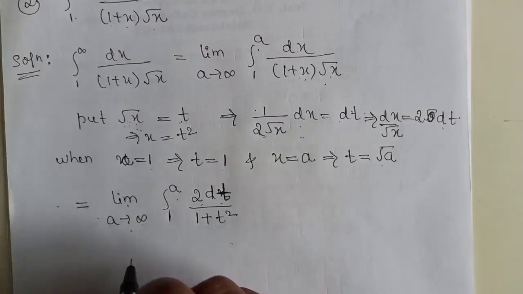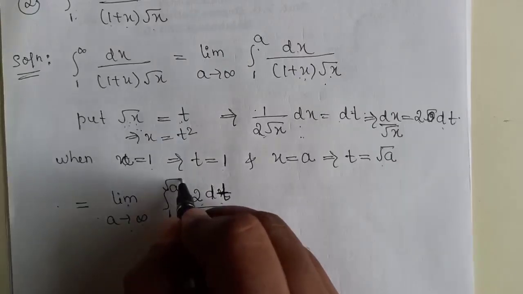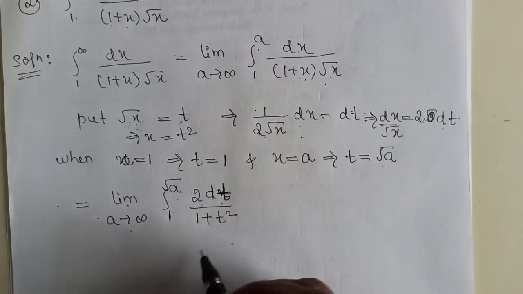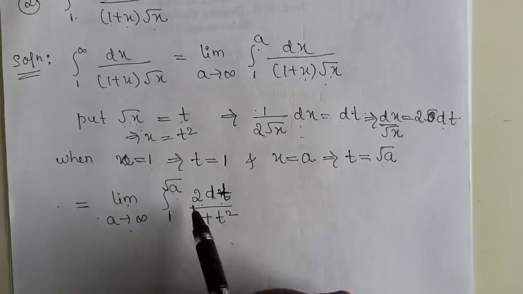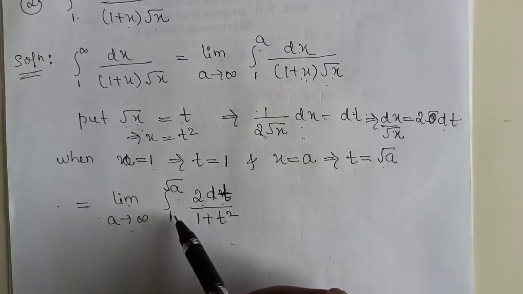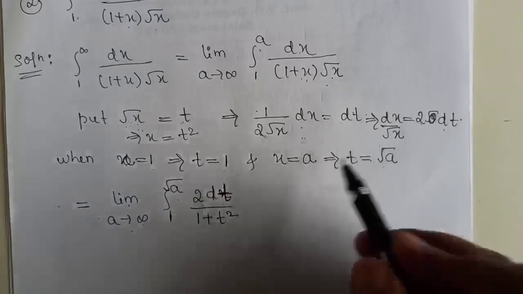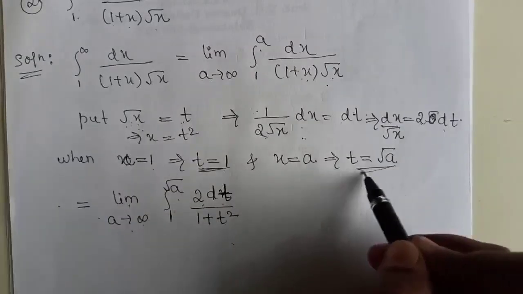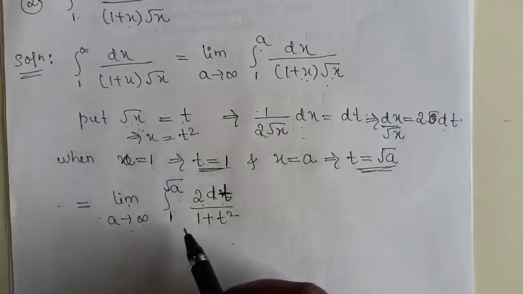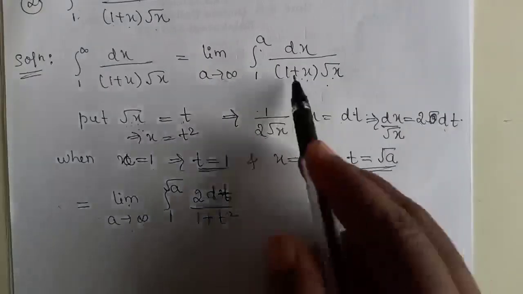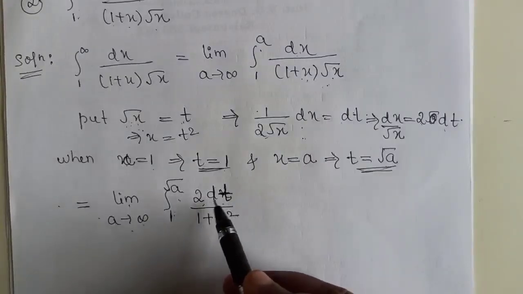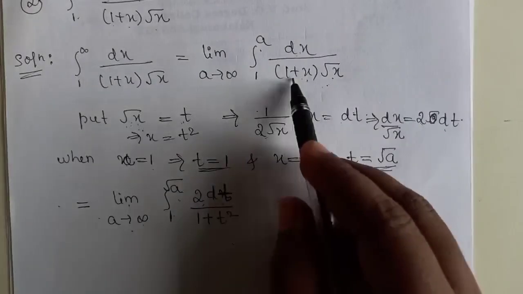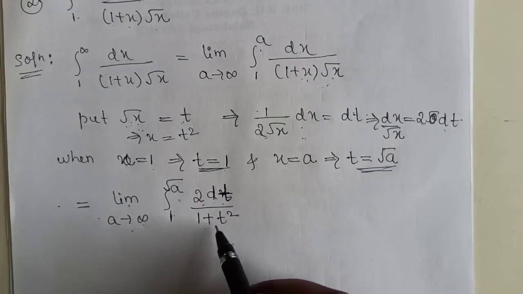That means we are changing all the x terms in terms of t, and therefore we change the limits also: the new limits are 1 to root a. So in the place of dx divided by root x we write 2 dt, and in the place of 1 plus x we write 1 plus t square.